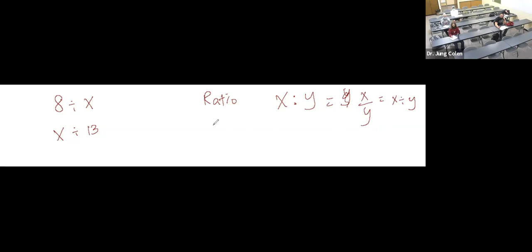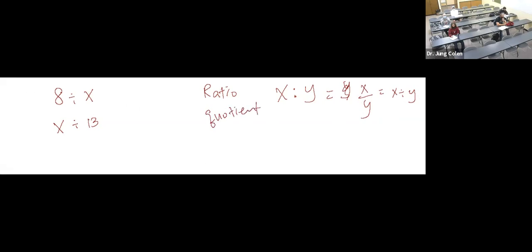So this is the same as the quotient of two numbers x, y. The quotient is the answer of the division, so this is exactly the same meaning. That's why I say here the ratio of two numbers or the quotient of two numbers. Okay? Any question for that?